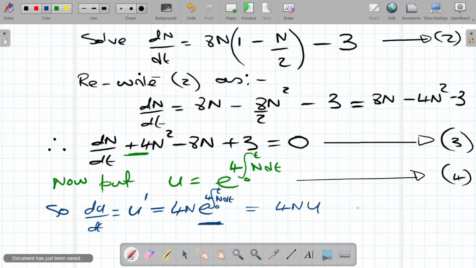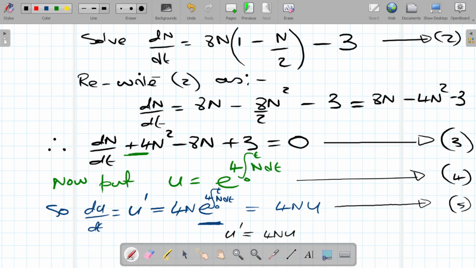Let's write in black ink, try and keep consistent with colours, which I'm not always consistent. So that's equation 5. So we'll just write it a bit more clearly. u prime equals 4nu, okay?